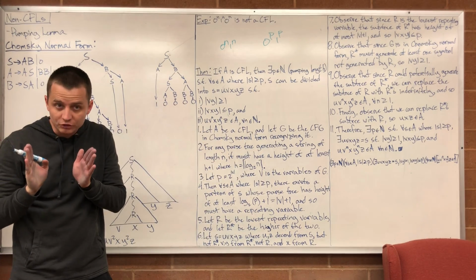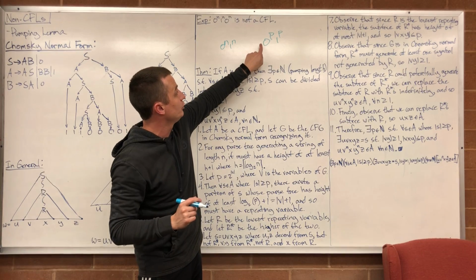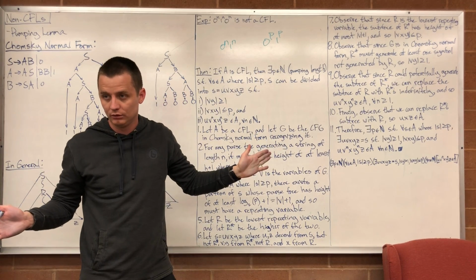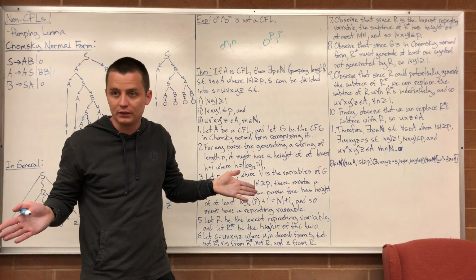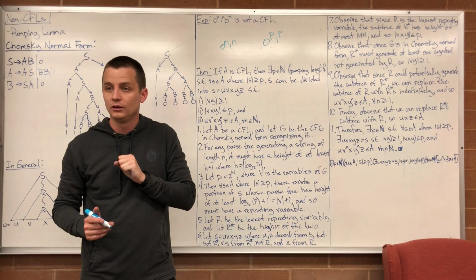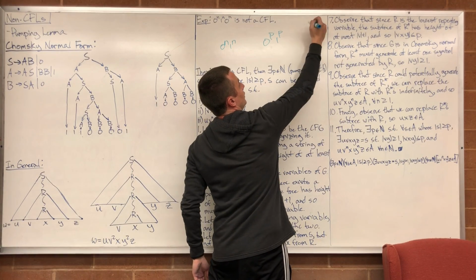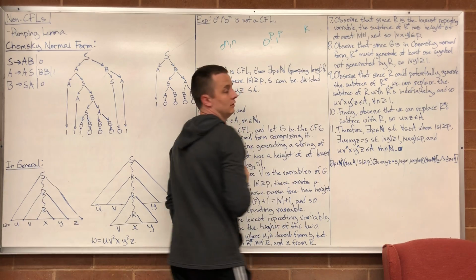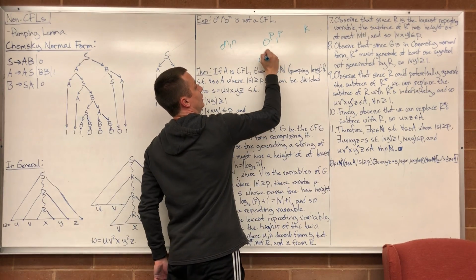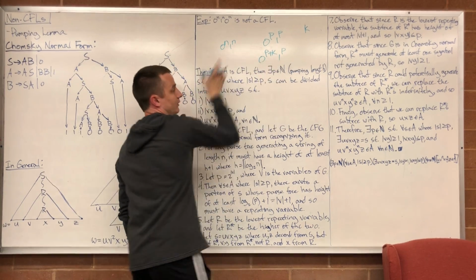Since your machine only has P states in it, when it is reading the first P zeros, it has to loop somewhere. And that loop has to have at least one character. So if the size of your loop is K, then your machine will also accept the string 0 to the P plus K, 1 to the P, which is not in that language.